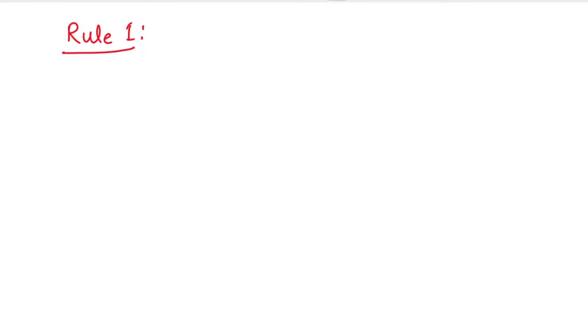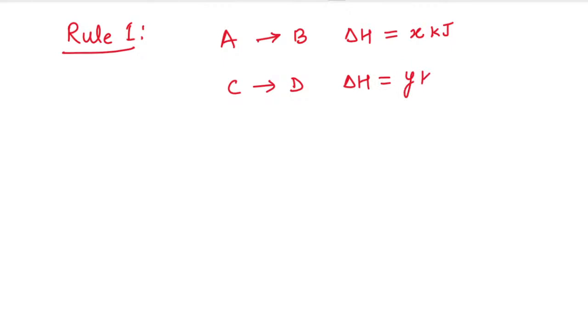If we have A to B, delta H involved is, let us say, X kilojoule. And C to D, delta H involved is Y kilojoule.